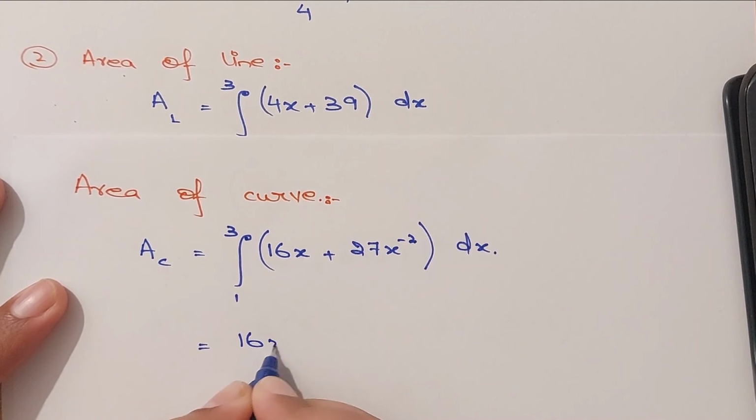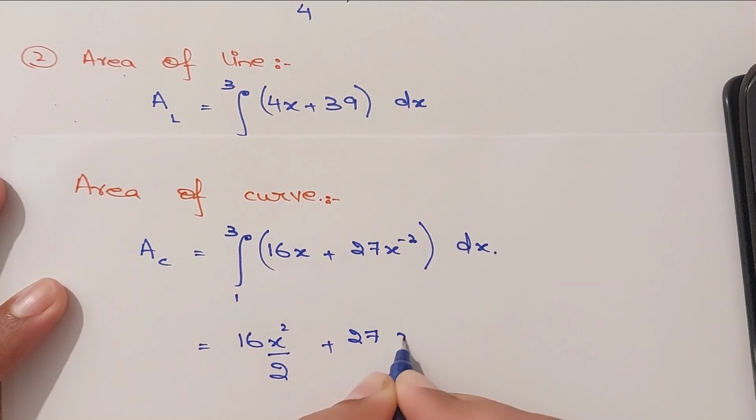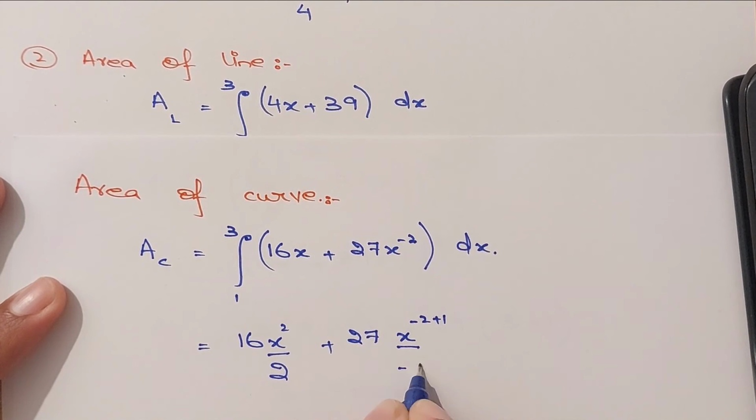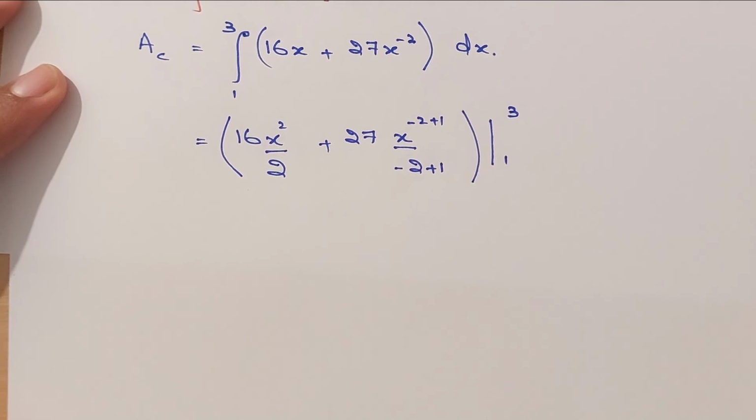So we have 16 x square divided by 2 plus 27 x exponent minus 2 plus 1 divided by minus 2 plus 1, and its integration is between 1 to 3.